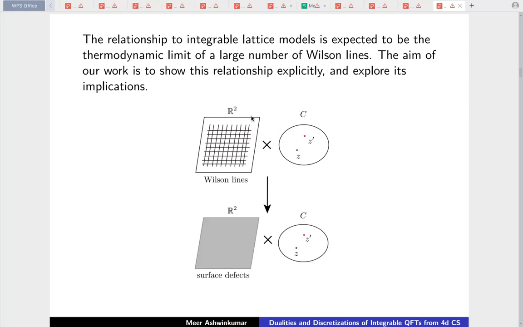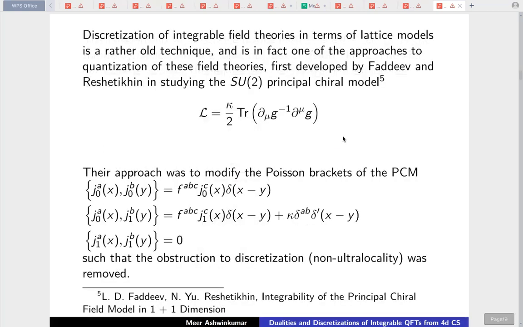So this was not shown explicitly, and we wanted to show that explicitly, especially because it is expected that this will give rise to the discretization of integrable field theories and also gives us a framework for the quantization of integrable field theories, which is in general still a somewhat unsolved problem, and it's quite an important problem to solve.